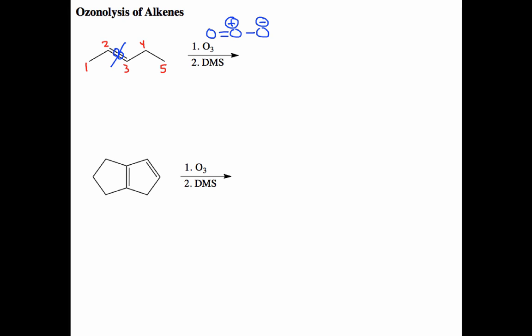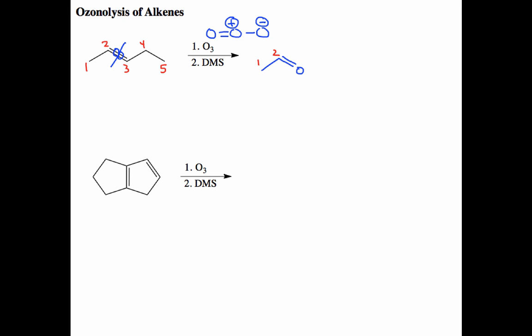So if we draw this out, we get carbons 1 and 2 double bonded to an oxygen. So there's our first fragment. So we cleave between carbons 2 and 3.